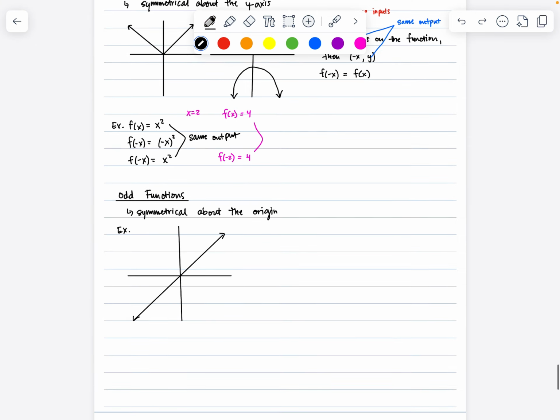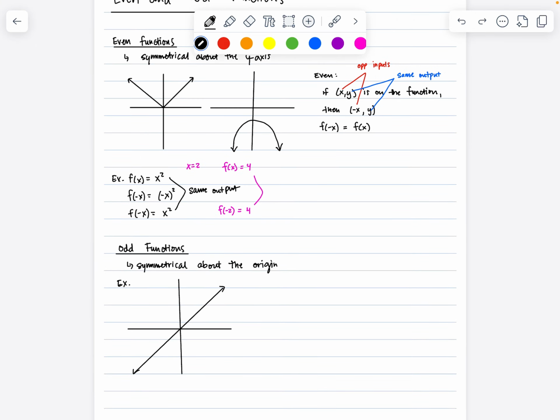Let's do this little mini side quest here. The odd functions. If you have x comma y on the function, then negative x, or the opposite input, would output the negative y, or opposite y.